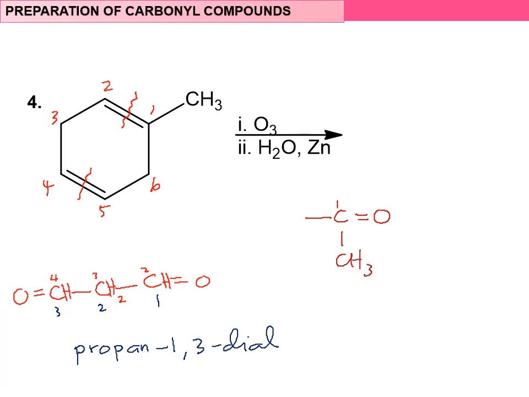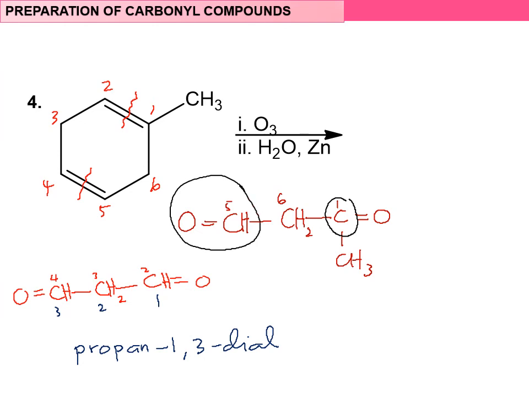Carbon number 1 is also attached to carbon number 6, and it is also attached to carbon number 5, which is a carbonyl compound. So the carbonyl compound on the left side would be an aldehyde, but on the right side, carbon number 1 here is basically a ketone. This carbon is a ketone. Aldehyde has a higher priority compared to ketone.